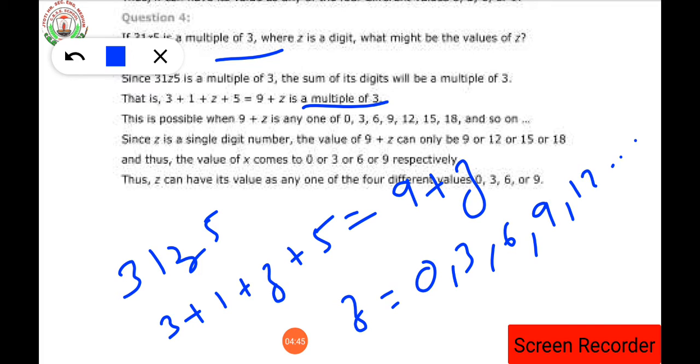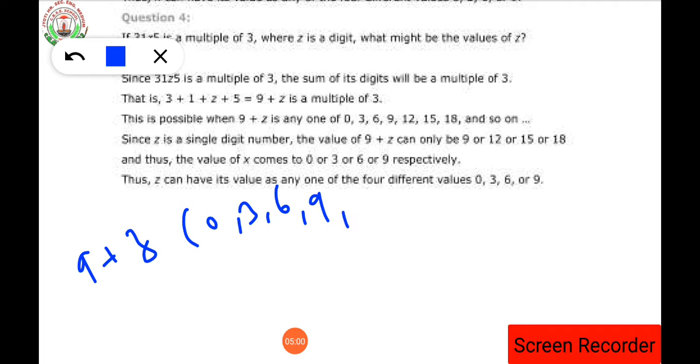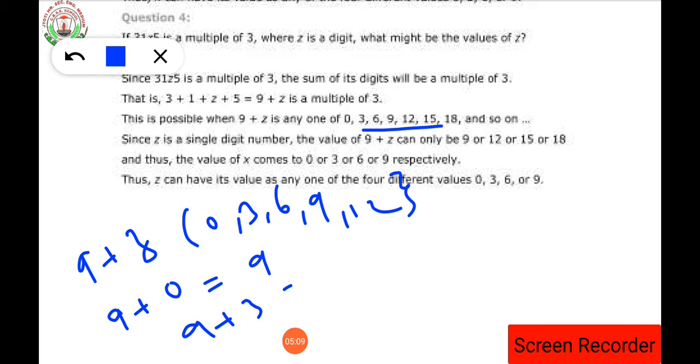Now we will keep these values of z and see. Keeping z as 0, we get 9 plus 0 is 9, then 9 plus 3 is 12, 9 plus 6 is 15, 9 plus 9 is 18.